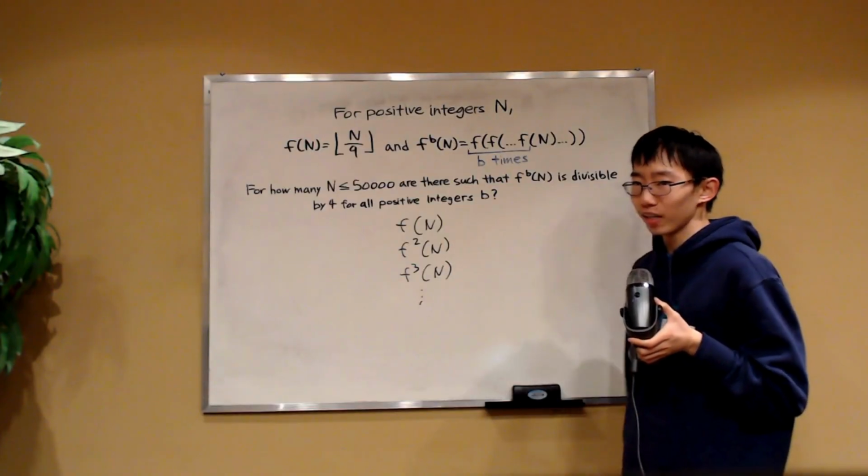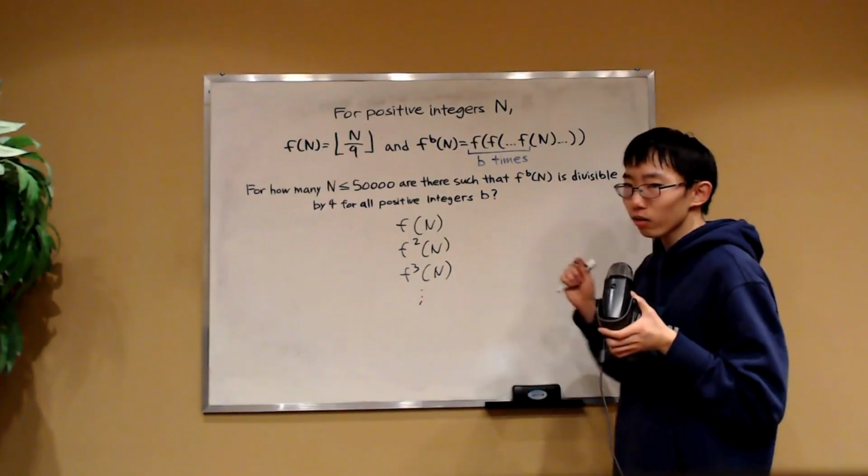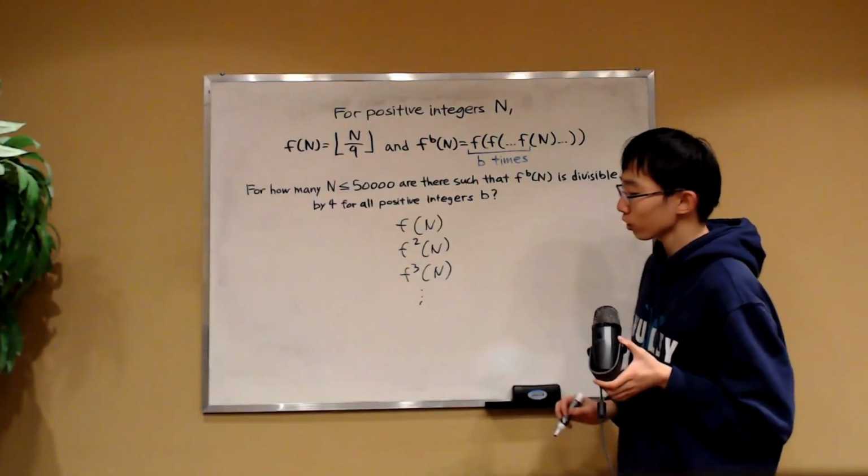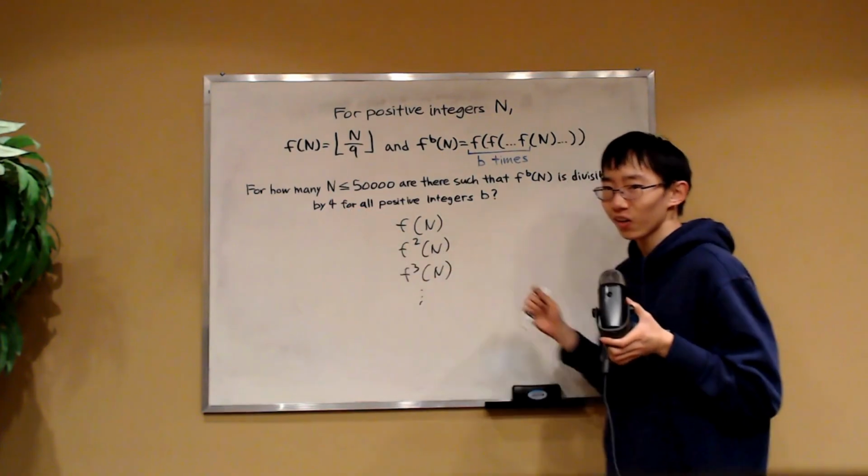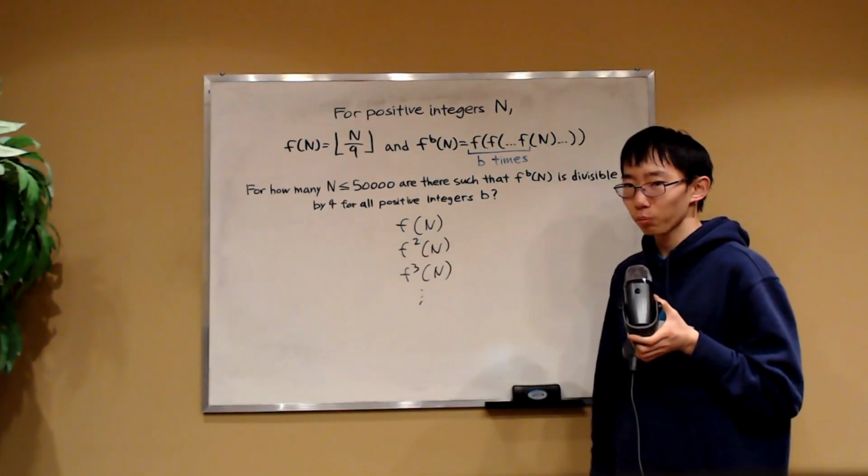Now that might be a bit of a challenge, because how are you supposed to compute all of these values and track if they are divisible by 4? So how can we approach such a problem?